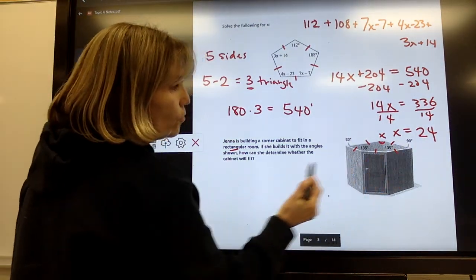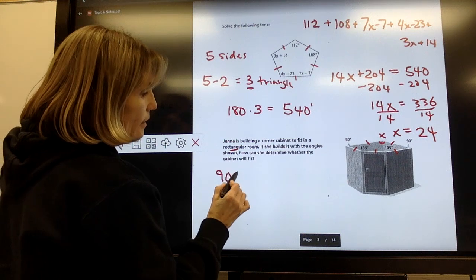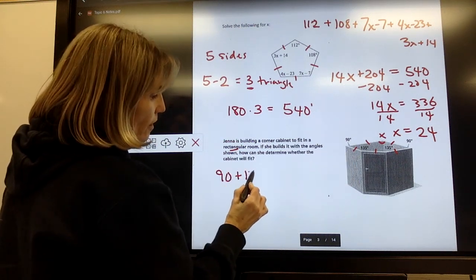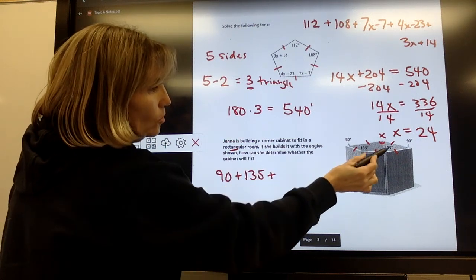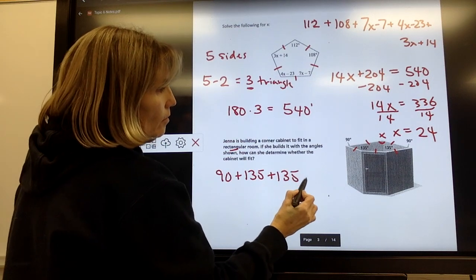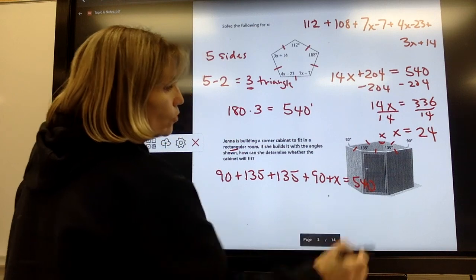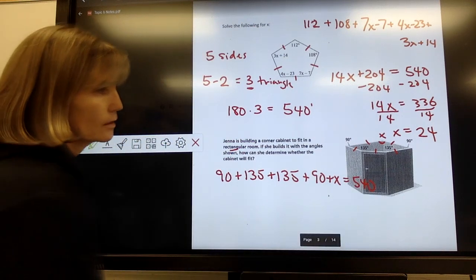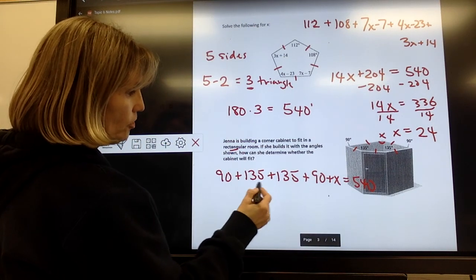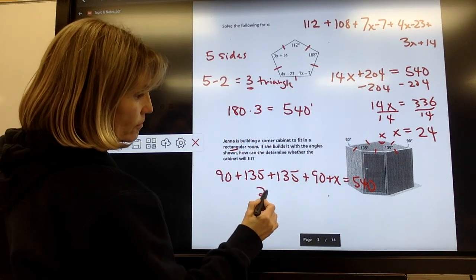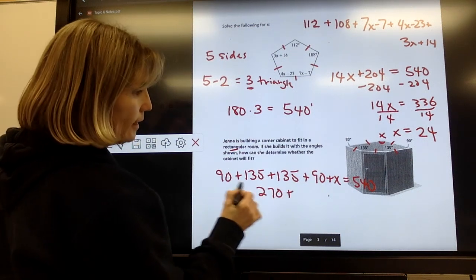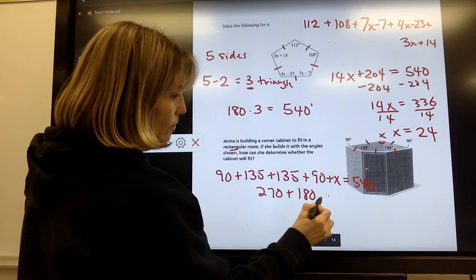I know the other 4 angle measures, so I'd say 90 plus 135 plus 135 plus 90 plus x, and it's all got to equal 540. If we add the parts together, 135 and 135 is 270, plus 90 and 90 is 180.